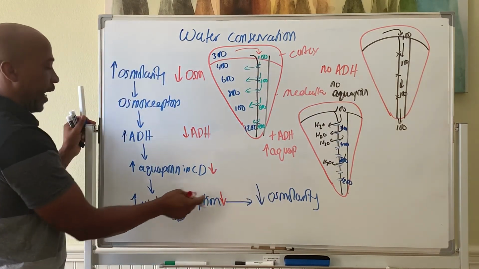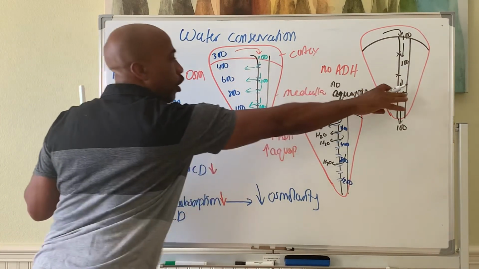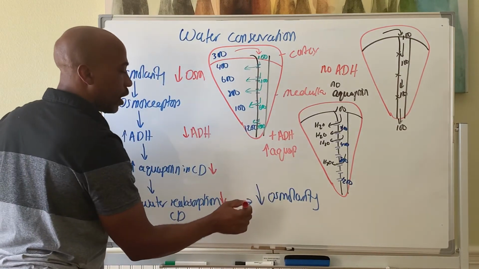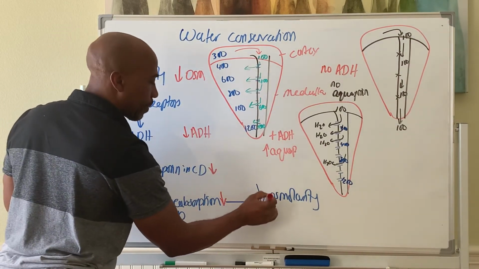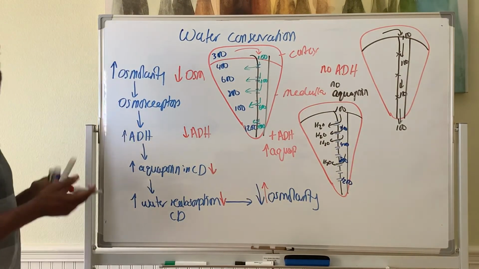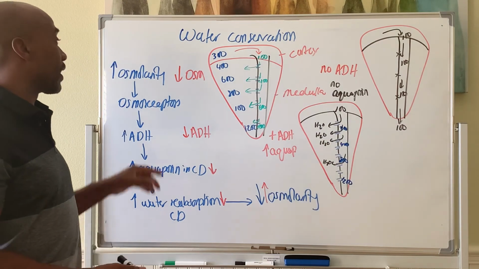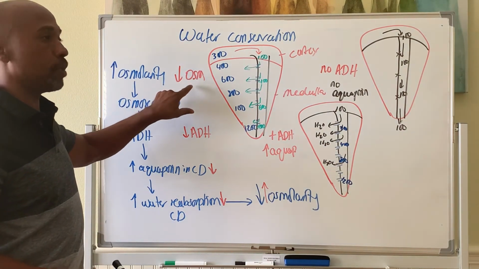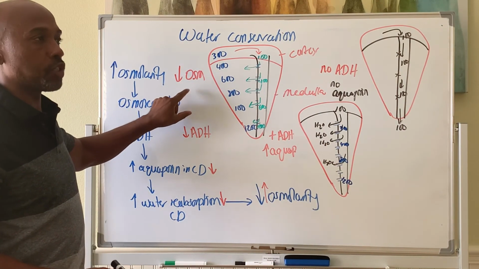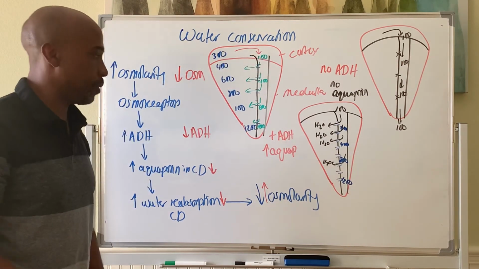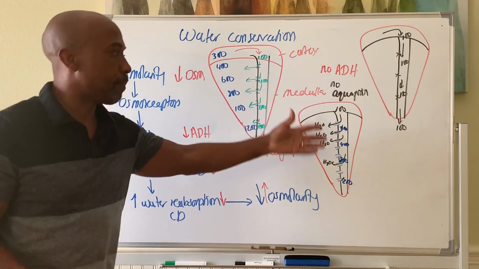Because you retain less water, meaning you lose more water, your blood osmolarity will go back up. That's why if you drink a bunch of water, you're always in the restroom urinating, because your body doesn't want you to drop your blood osmolarity. So you keep getting rid of the urine.